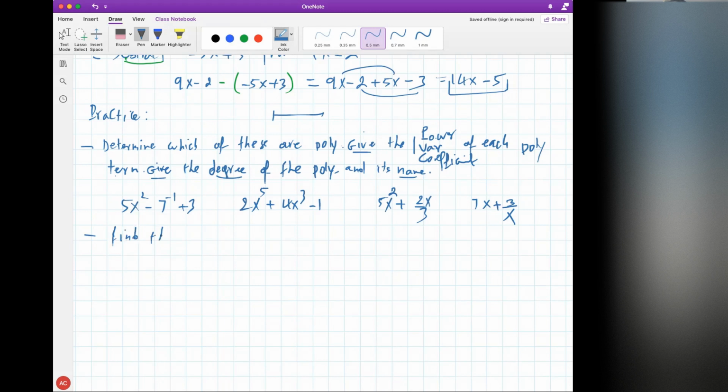And find the sum of some polynomials here. So 7x to maybe the third. And also 2x to the second. Okay, here we find the sum. Subtract.